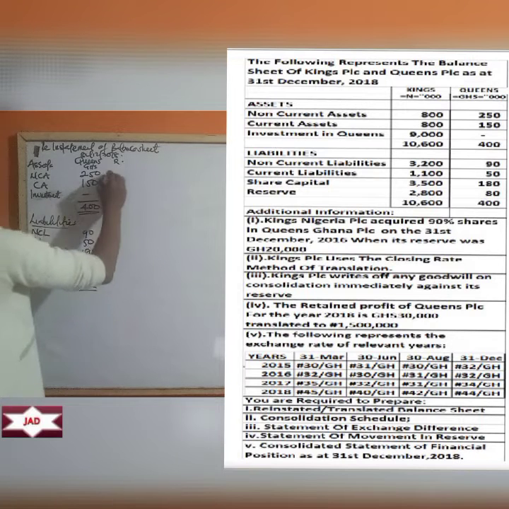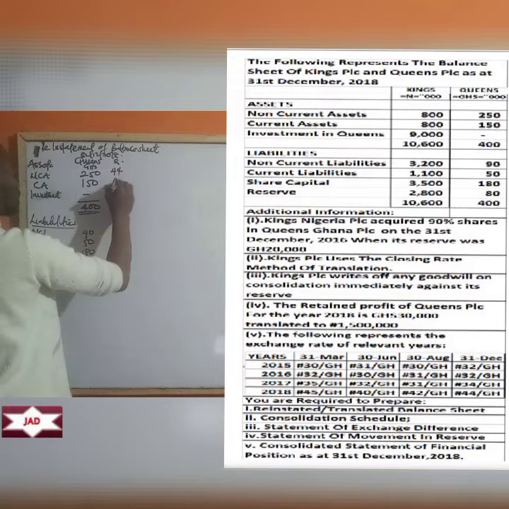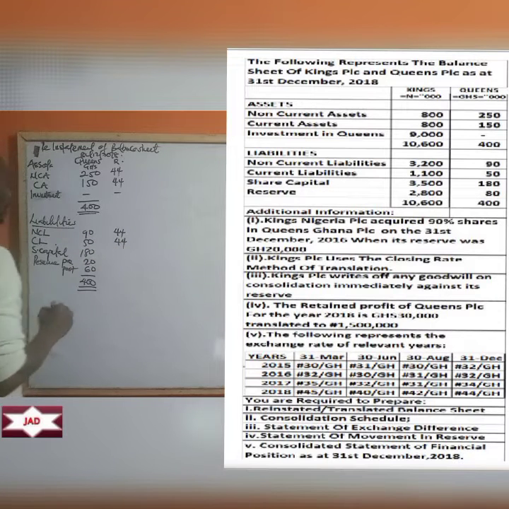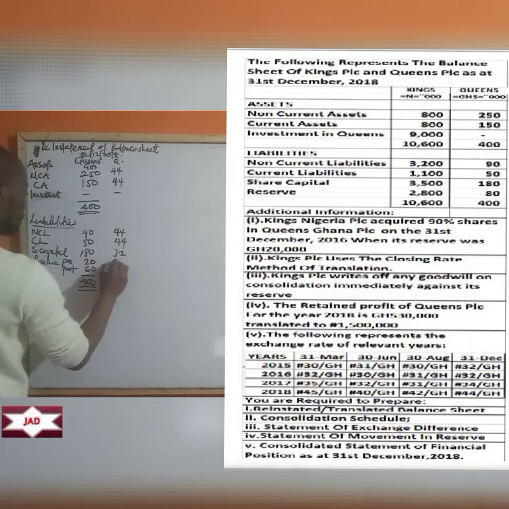So we have 44, 44, this will be 44 as well. Share capital, as at the date of acquisition in 2016, that's 32. This will be balancing.